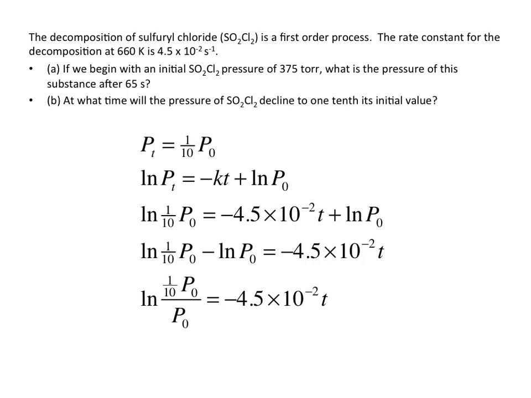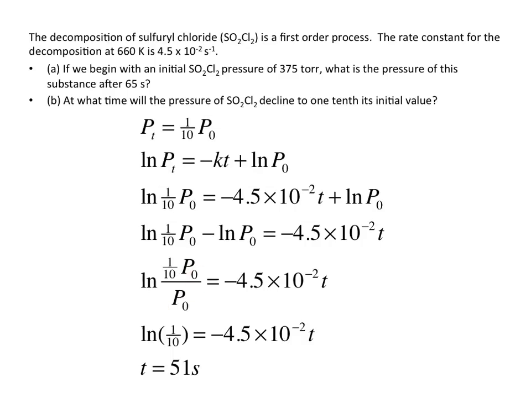So in this case, our P initials will cancel. And when we simplify this, the natural log of 1/10 is going to equal our rate constant times t. So if we solve for t, we end up getting 51 seconds. So after 51 seconds, the pressure of sulfuryl chloride will be 1/10 of its initial value.